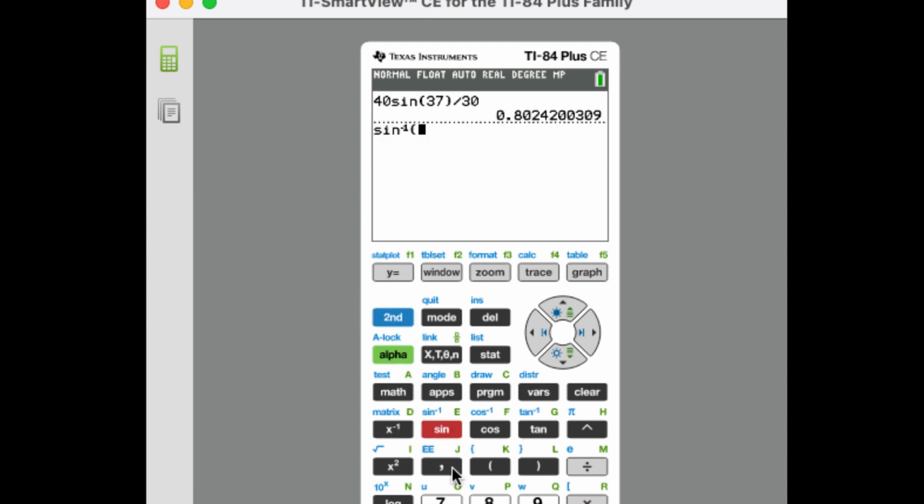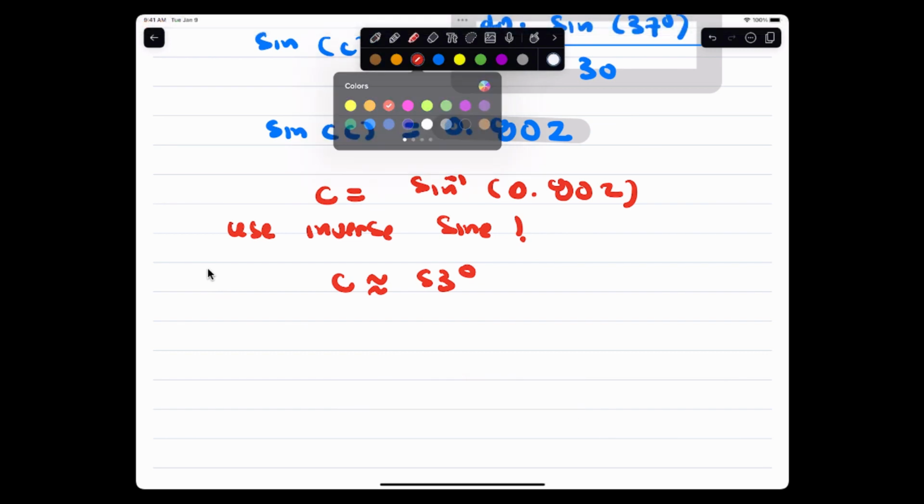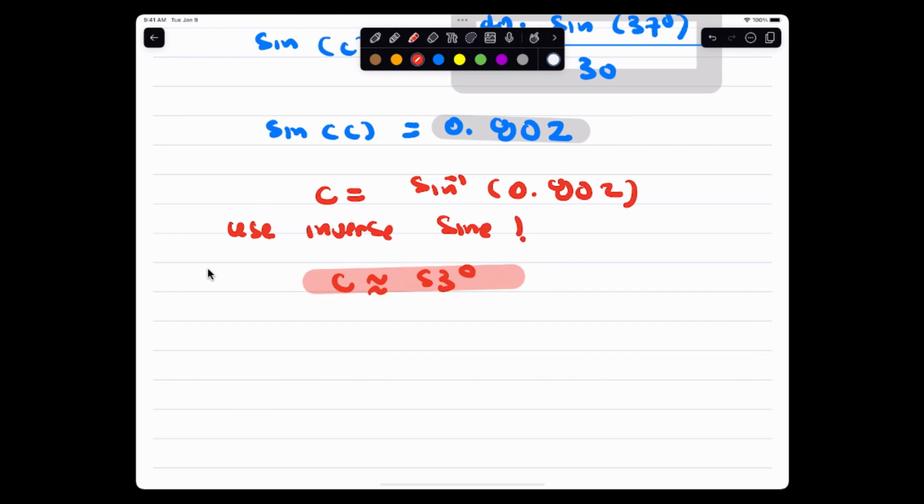Second inverse sine of 0.802. And what do we got? 53 degrees. Is that true? Okay, what I'm going to call this, ladies and gentlemen, is C1. Good.